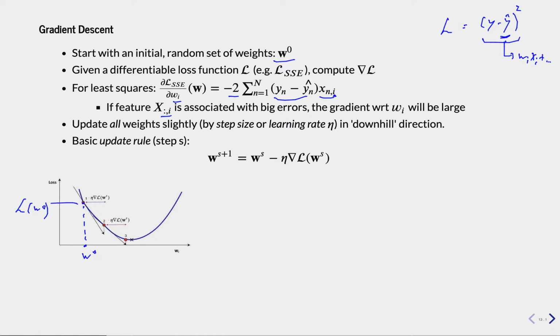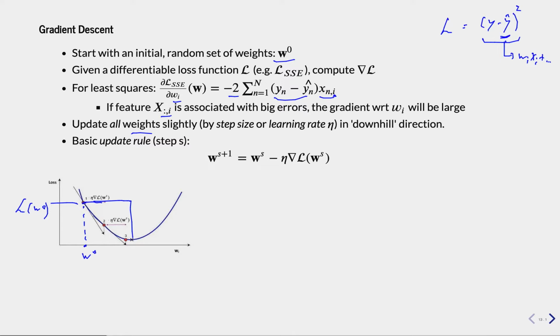Now, the way to then update the weights is to update all the weights slightly. So intuitively, what you can do is you can take W0 here, you compute the gradient. This tells you that you should move to the right. So W0 should increase. And so you could do a step, and you could actually take a very large step and end up somewhere here.